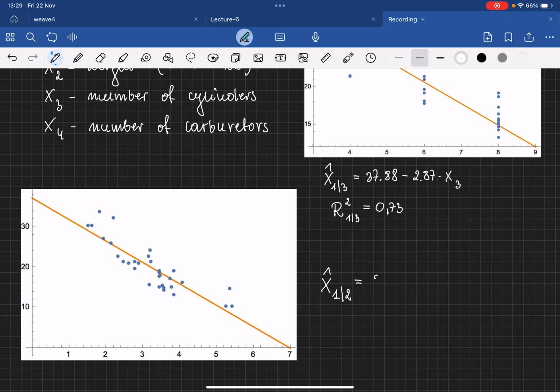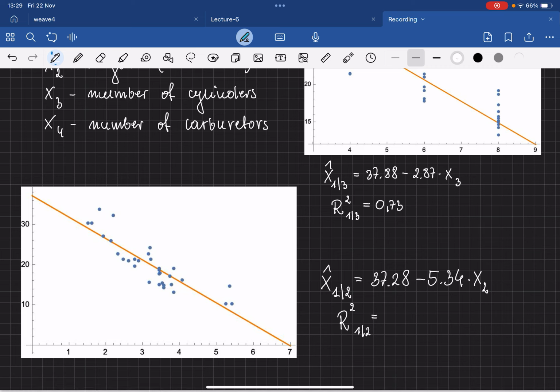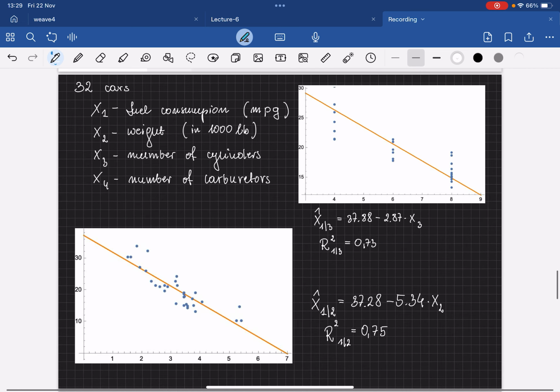And the formula says that this is 37.28, again minus 4.34 times x2, and the strength of this dependence is a serious one again. R1,2 is 0.75.